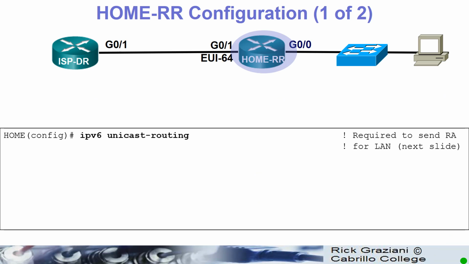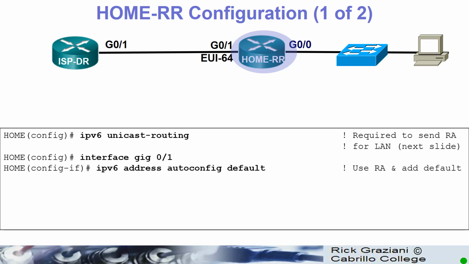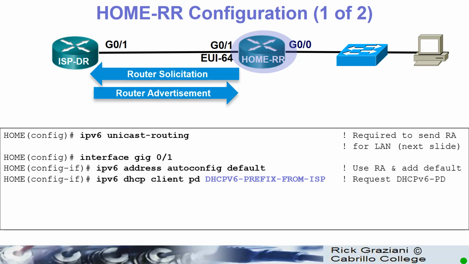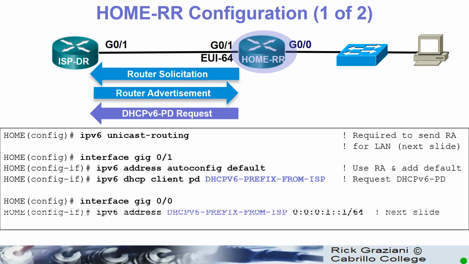Part of that configuration again is setting up on the home router unicast routing, setting up the appropriate auto config, setting up the DHCP client PD and the appropriate client pool, and that way you can get the appropriate prefixes and everything to hand out to the appropriate gig interface.